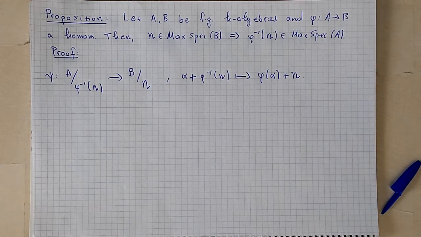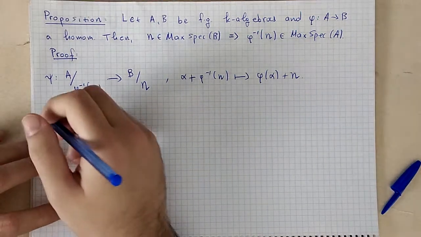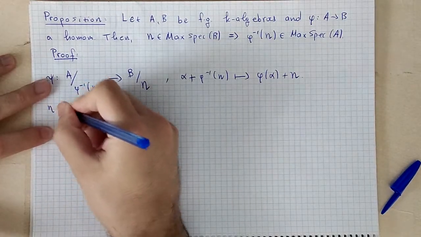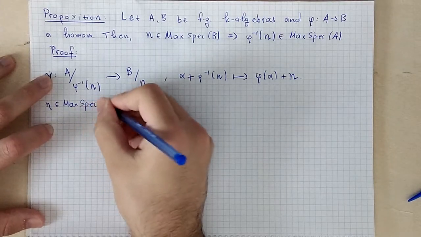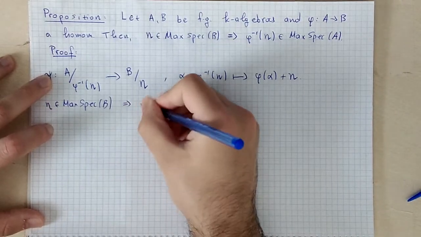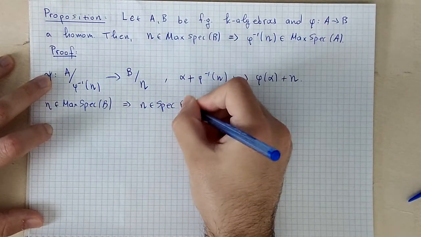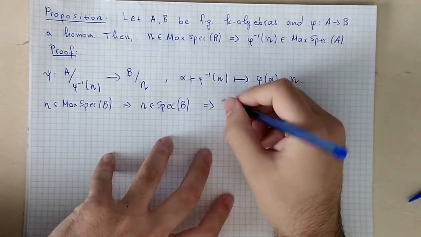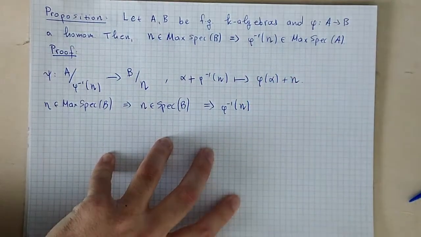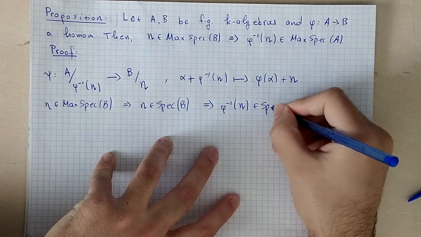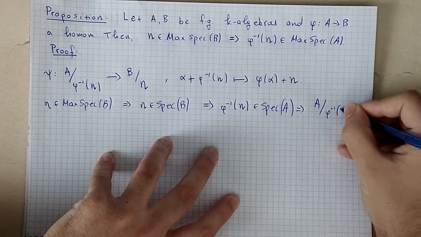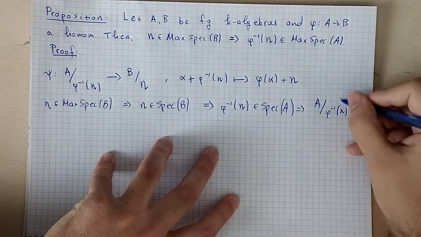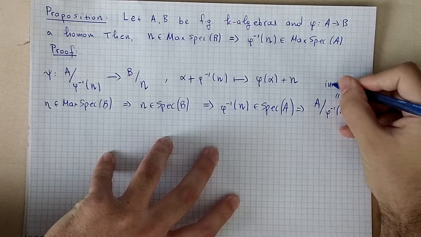Okay, so the first trivial remark is the following. Since n is a maximal ideal, of course n is also a prime ideal of B, and this implies that its pre-image under phi is also going to be a prime ideal, which of course implies that this is an integral domain.